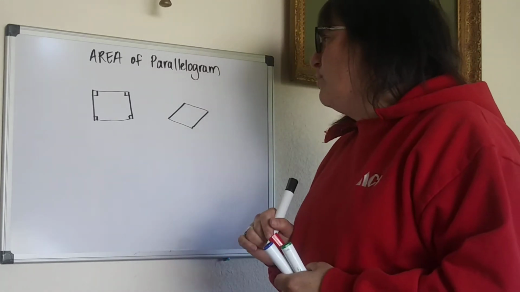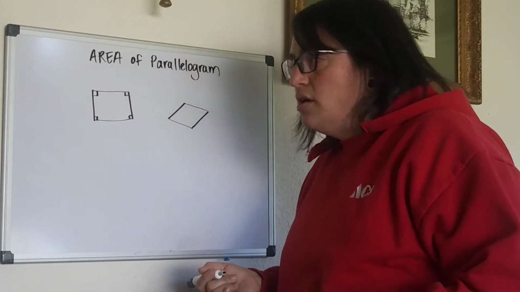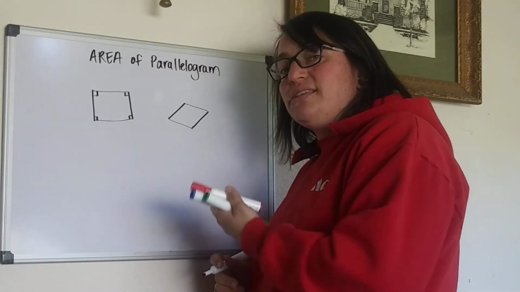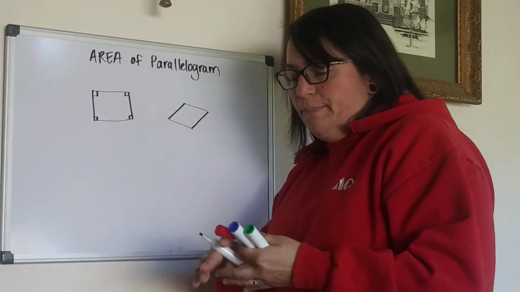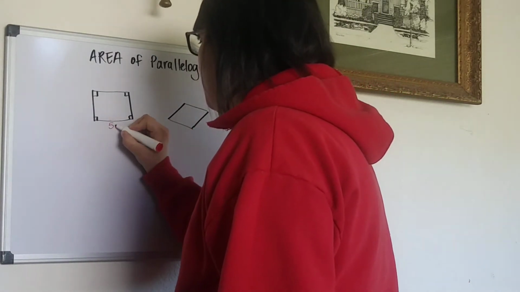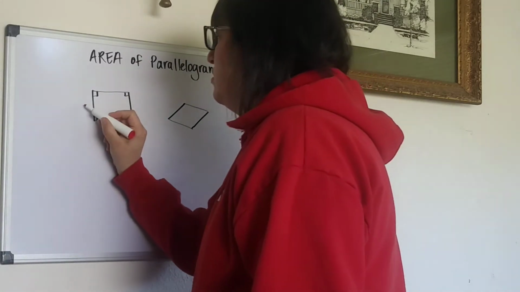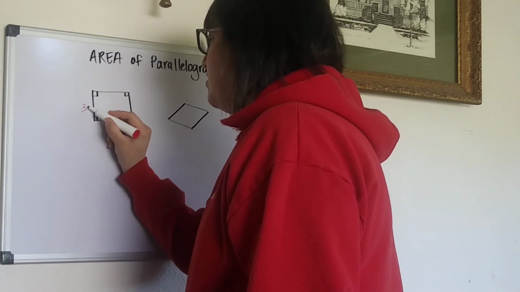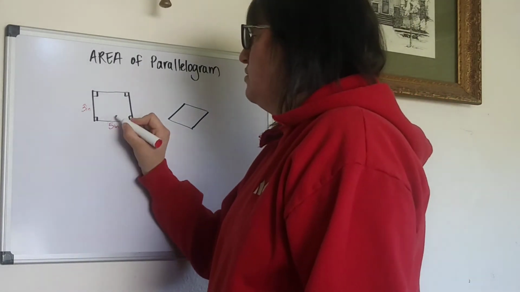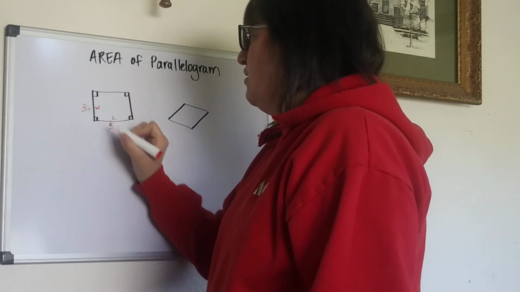So, when we're looking at our parallelograms, it's very similar dimensions, like they're labeled in similar ways to our rectangle. So let's say, for example, this guy was 5 inches long and 3 inches tall. Okay? So this would be our length and width, right?